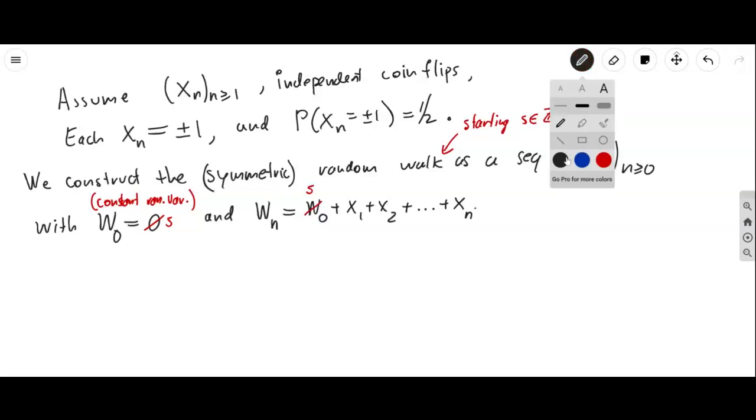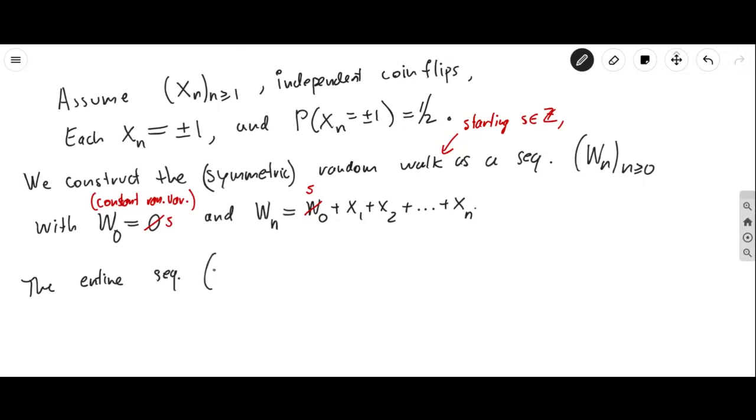And I should say that to avoid confusion, the entire sequence is a stochastic process. What is a stochastic process? It is just a sequence of random variables.